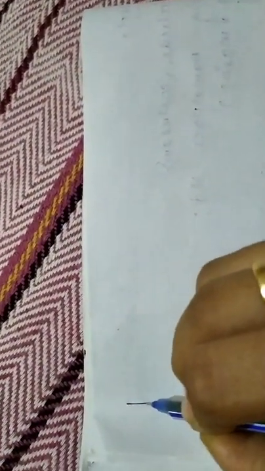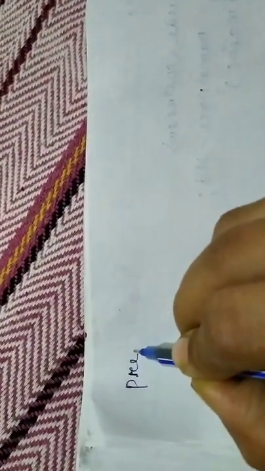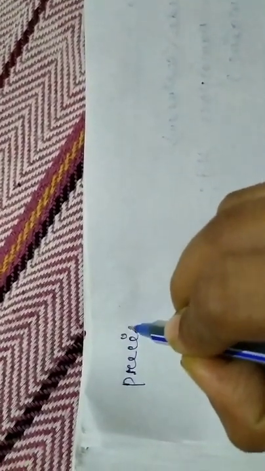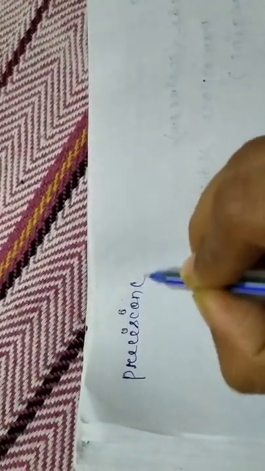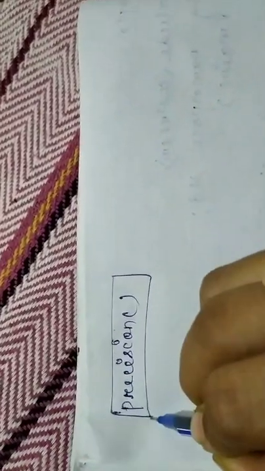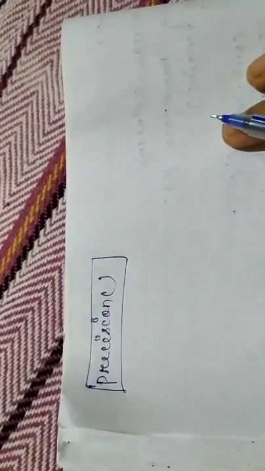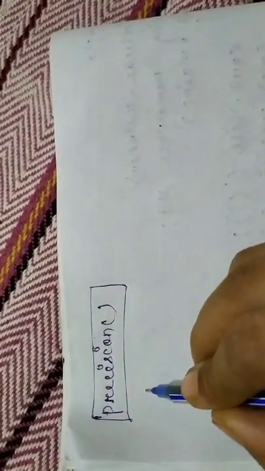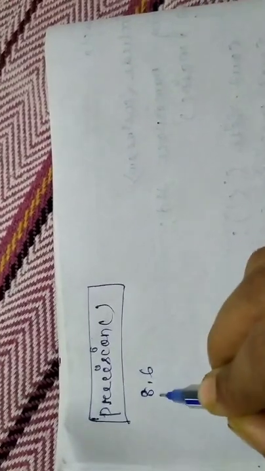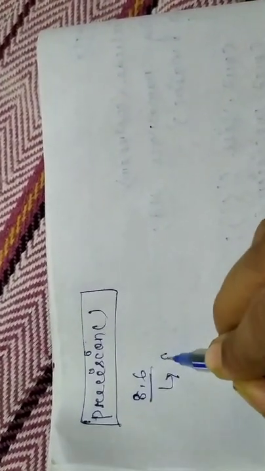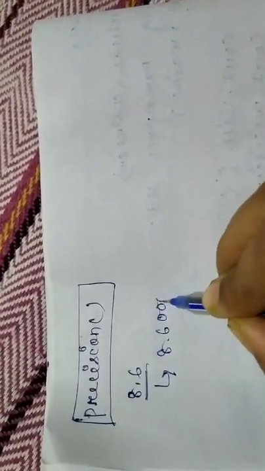Let's see the next function, that is precision. The next formatted I/O operation function is precision. By default, floating points are printed with 6 digits after the decimal point. If we print 8.6, then in the output it will be printed with 5 zeros.